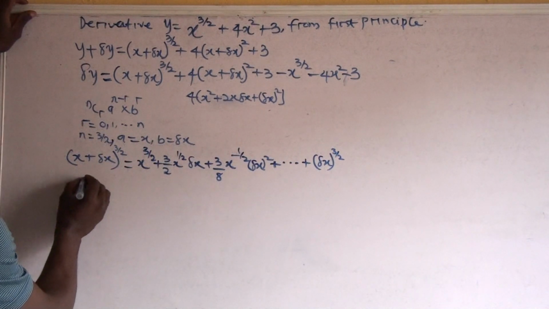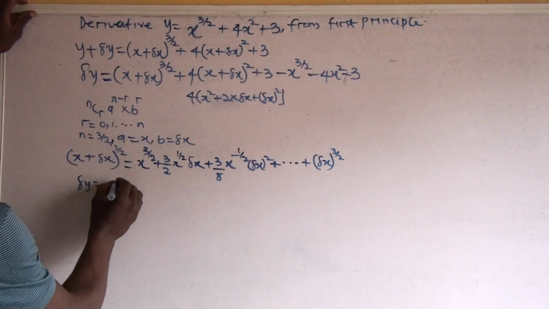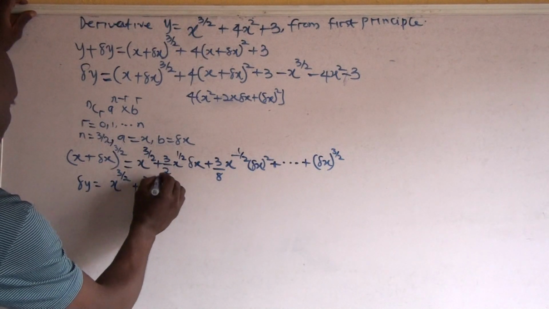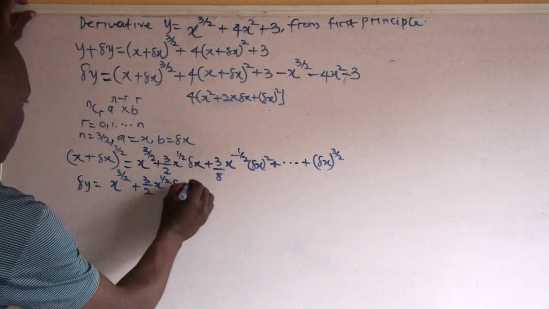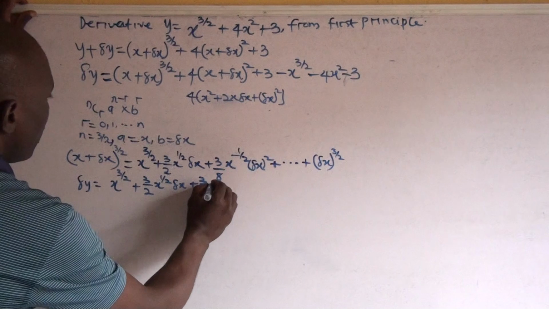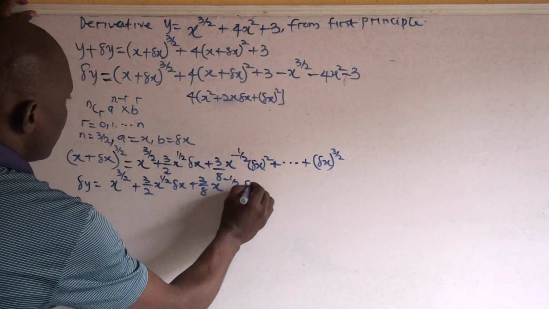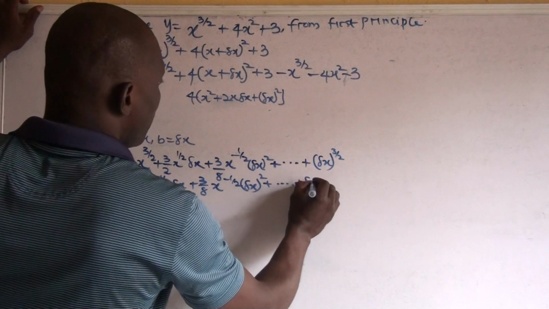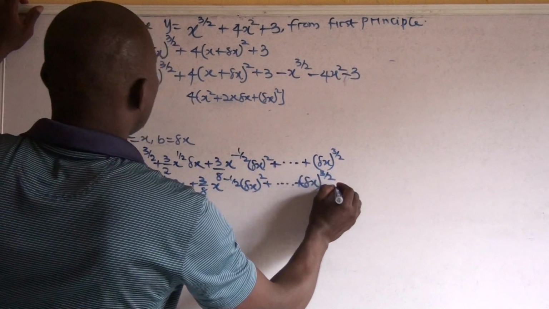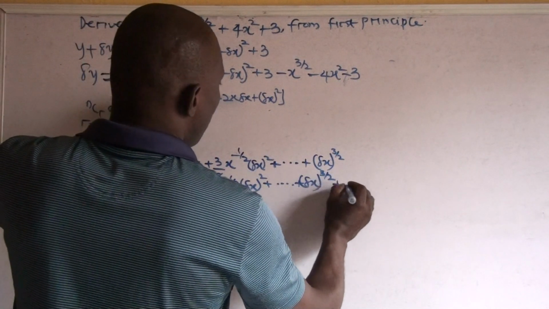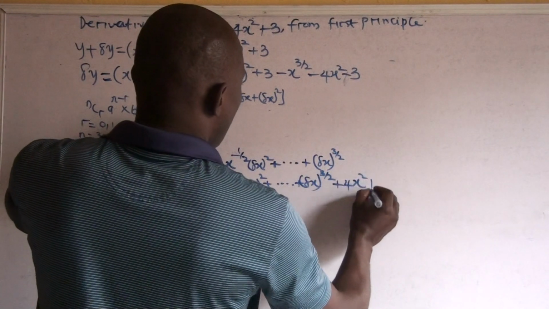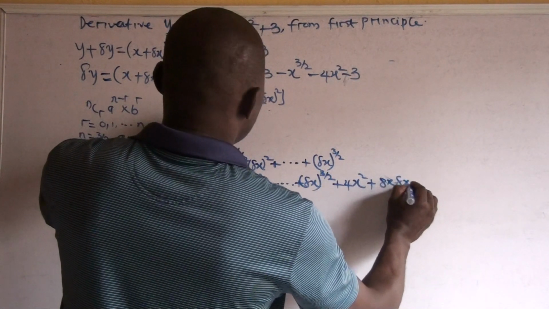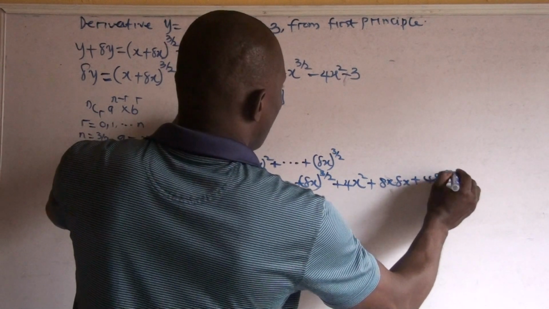So here we have delta y is equal to x raised to power 3 over 2 plus 3 over 2 x raised to power half delta x plus 3 over 8 x raised to power minus half delta x all square plus delta x all raised to power 3 over 2, and in this place the expression is 4 x square plus 4 times 2x, that will give us 8x delta x plus 4 delta x all square.